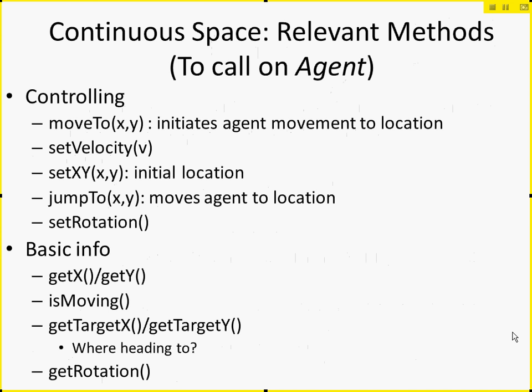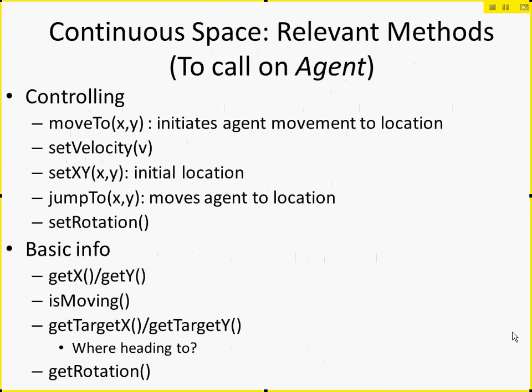And you can change the target by using this method move to. So once you set move to, they will head towards a different location. I want to distinguish this indeed from set XY, which simply jumps them, teleports them, as it were, to a certain location.